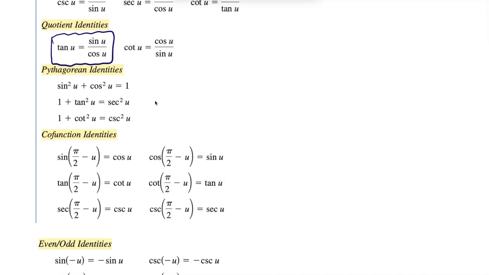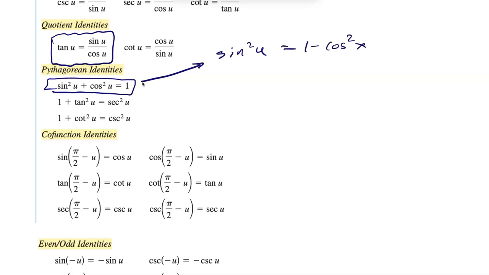Then we get to the big ones. Sine squared plus cosine squared equals 1. That's a massive one. It's the Pythagorean identity. It's just a squared plus b squared equals c squared in a unit circle. But equally important is if you rearrange this, you get sine by itself. So you subtract cosine squared from both sides, you get sine squared equals 1 minus cosine squared.